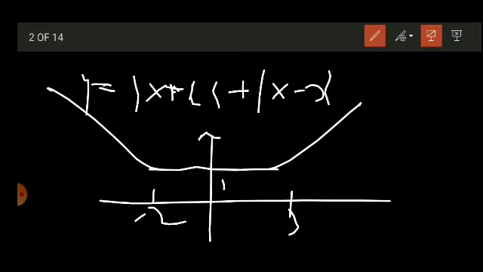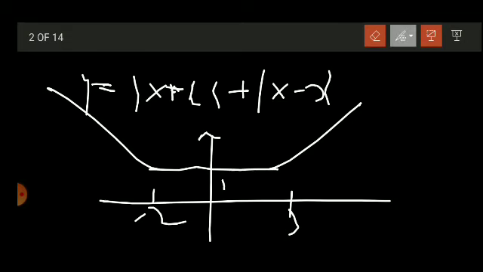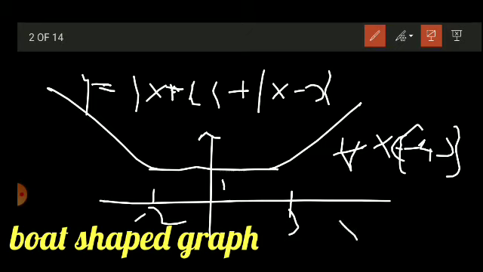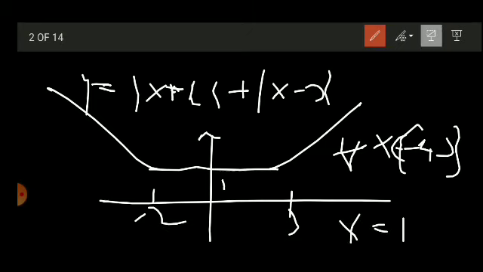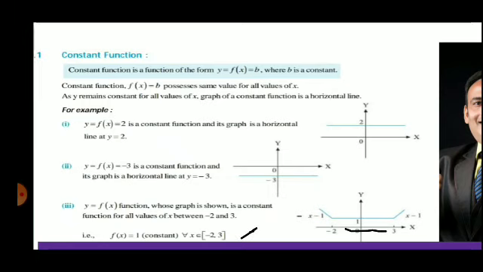For every value of x belonging to the closed interval -2 to 3, you find y equal to 1. So this is also said to be a constant function. Let's take some more examples.